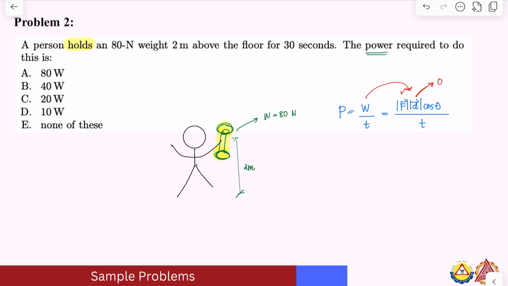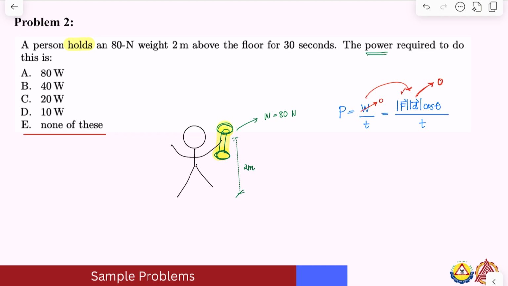The person did not move it up or down. It's just holding, so the displacement is 0. And of course, that means to say the work will also be 0. Or the person is actually doing no work in that case. So work is just 0. So therefore, if this term is 0, then your power also is 0. That's why the answer for this is none of the above.